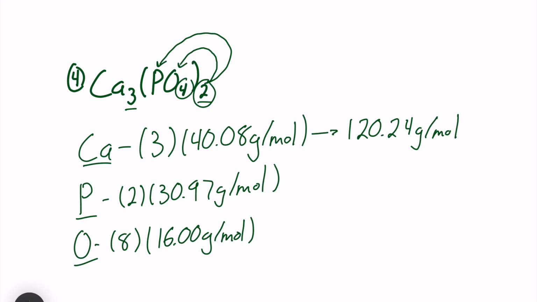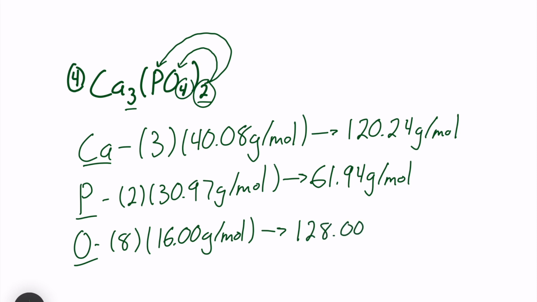Phosphorus, you will multiply 30.97 by 2. And what you should get is 61.94 grams per mole. And the last one, oxygen, we must multiply 16.00 by 8, and we will get 128.00 grams per mole.